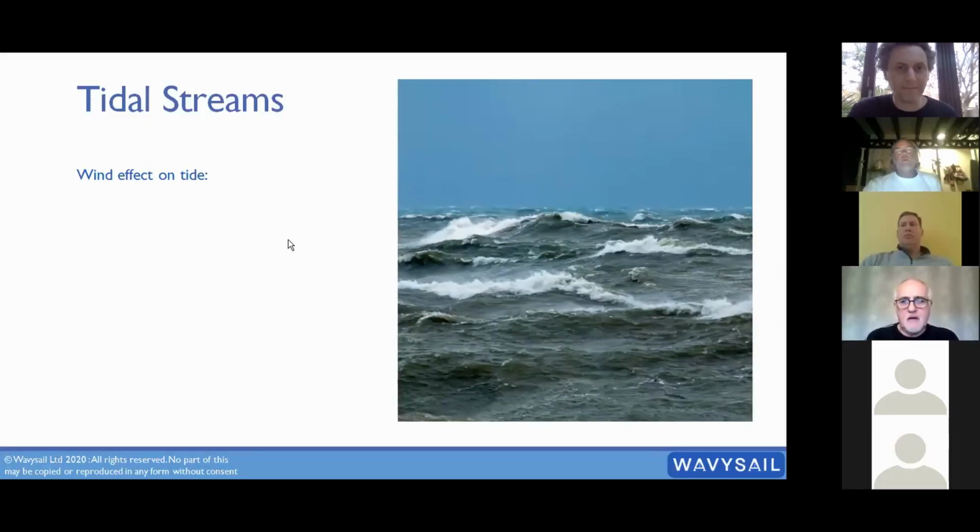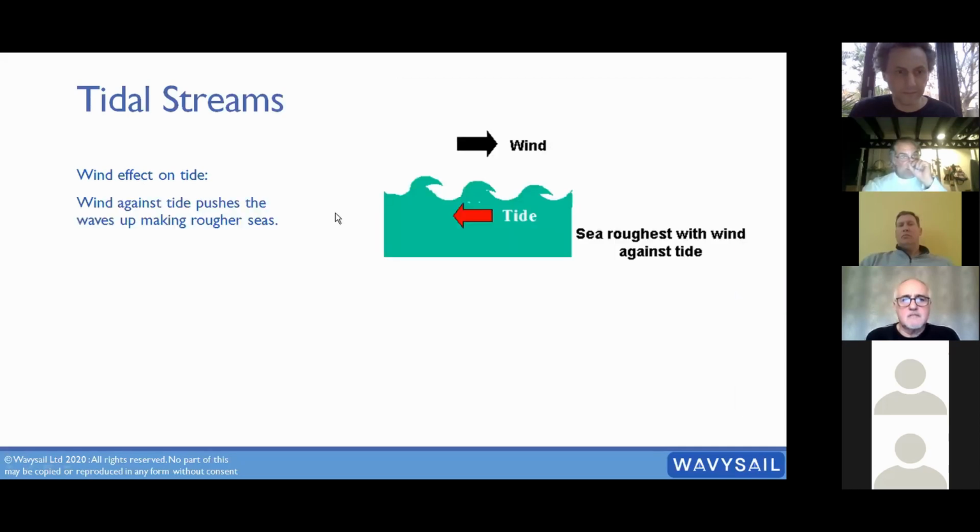Yes. Okay, so we know we've got tide moving. We've got the water moving either one way or the other as it comes in and goes out. What's the effect of wind on that? If you've got tide moving in, and wind going the other way, it creates incredibly aggressive seas, far more so than you'd think.